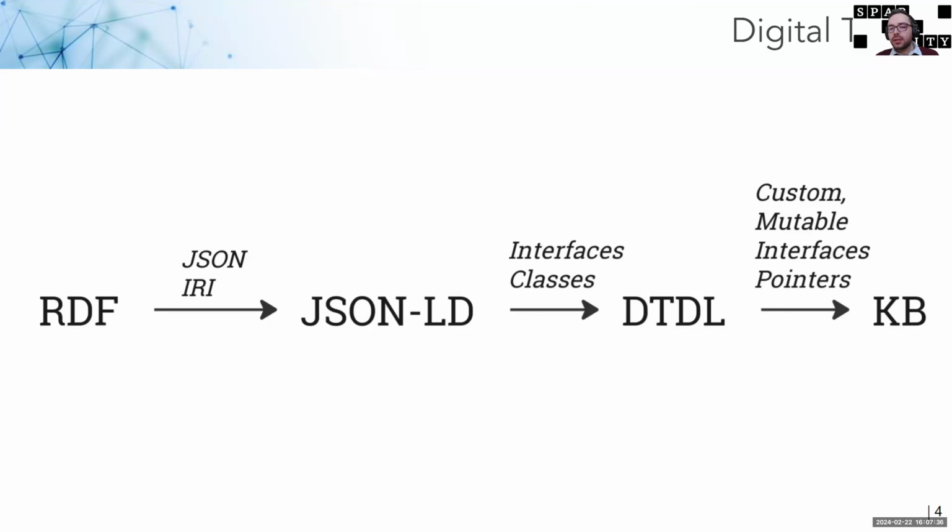DTDL has proposed a good foundation for representing computers as digital twins, but it mostly aims at static devices such as thermostats or GPS systems, and this is not doable with supercomputers or regular computers that we are using.